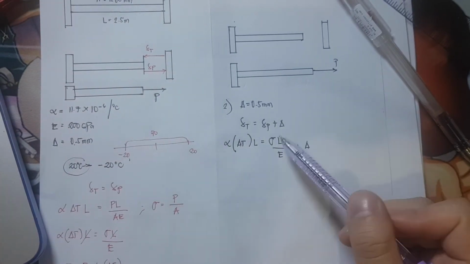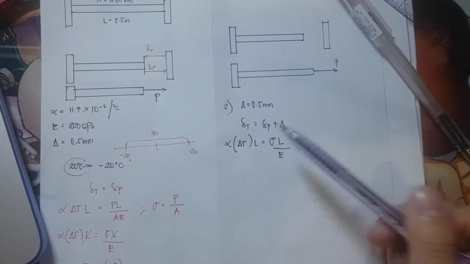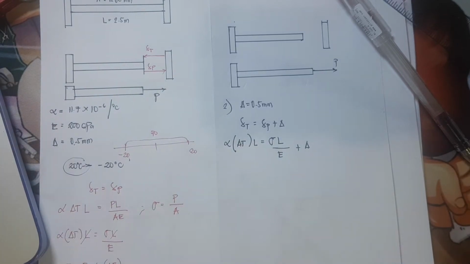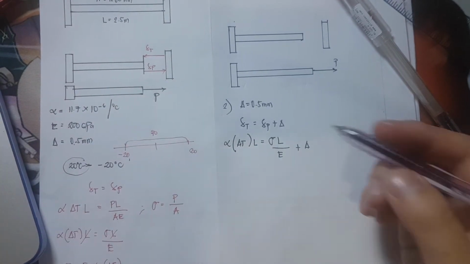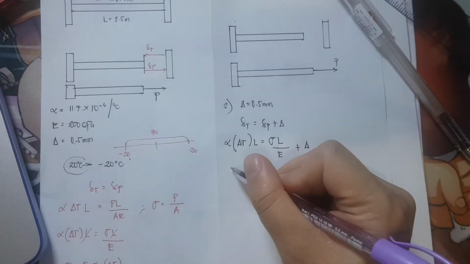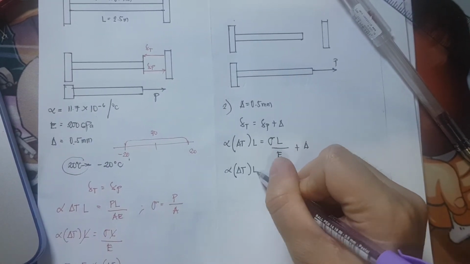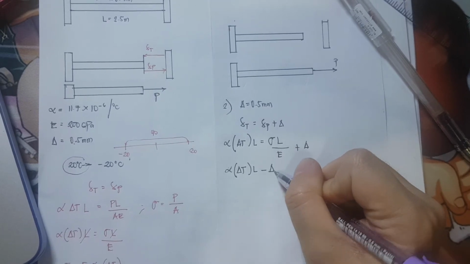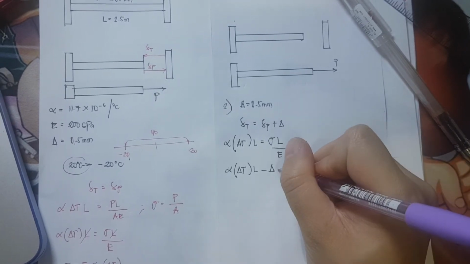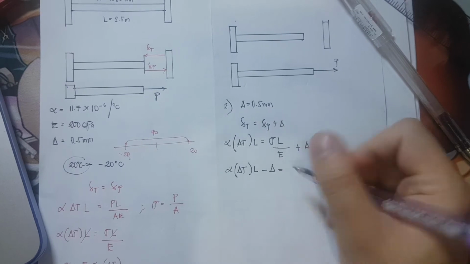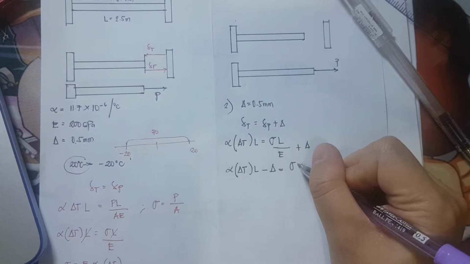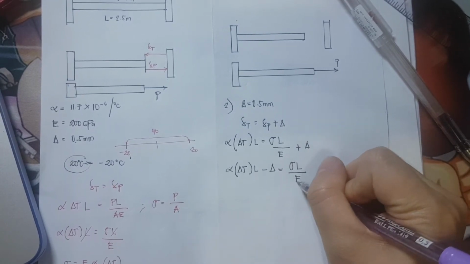Okay? We are interested with our stress. So, simplifying our equation, we will be having alpha delta T times L minus delta is equivalent to stress times L over the modulus of elasticity.